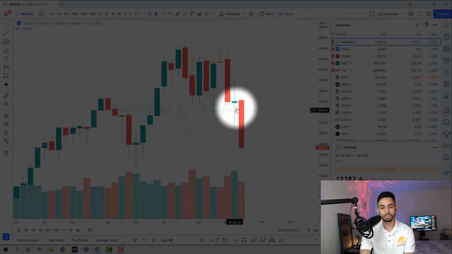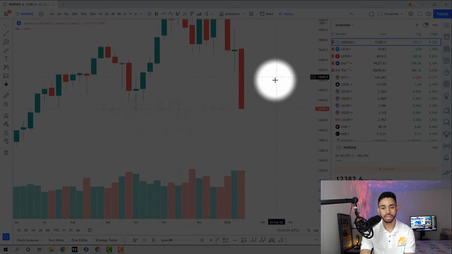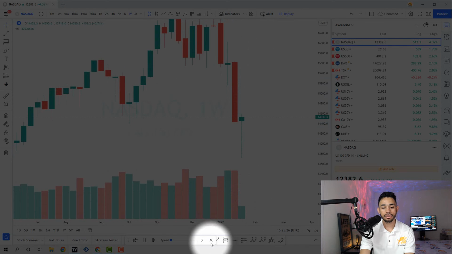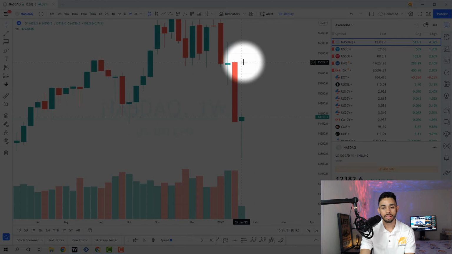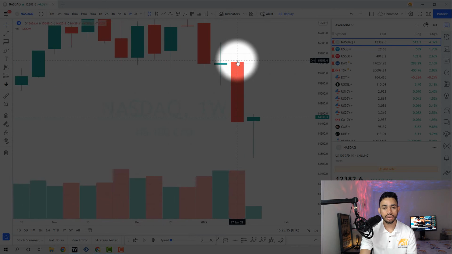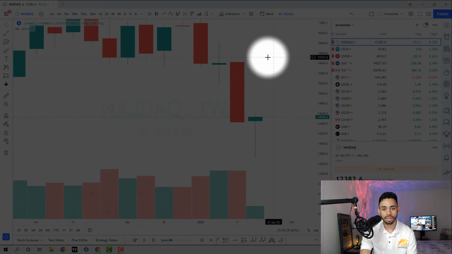The opening price is around this area, then it continues down, as you can see, and it closed right there. As you saw, the price movement started here. We have a very small wick around the price of 15,660.